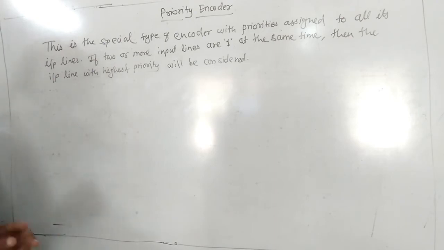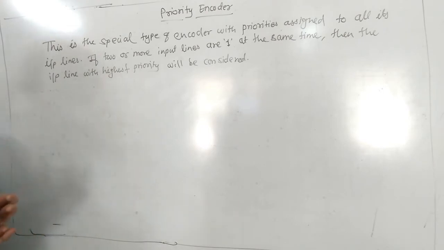If you press the keys with numbers 0 and 1 at the same time, then 1 will be displayed on the screen because the key with number 1 has the highest priority. If you press the keys 2 and 5 at the same time, then 5 will be displayed because 5 has the highest priority.